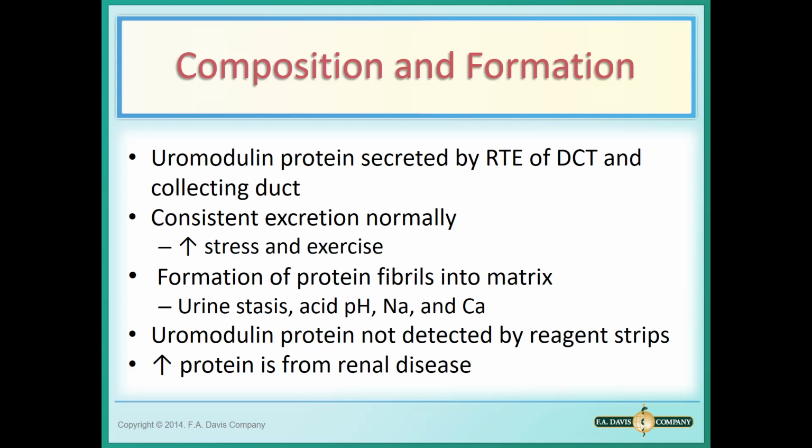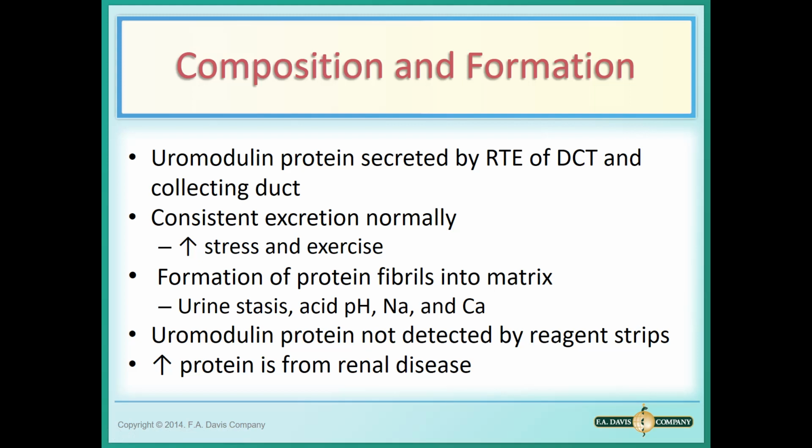What ends up happening is the protein, while the urine is in what we call a period of stasis, or it's not being flushed out of the body, especially at night, because you're not voiding your bladder all night. With acidic pH, and in the presence of some sodium and calcium, the uromodulin protein starts to form into a matrix. And we're going to see that process in just a second.